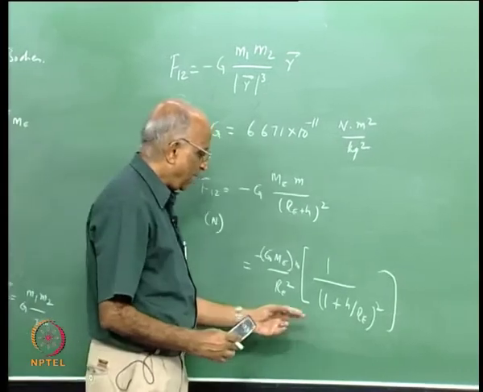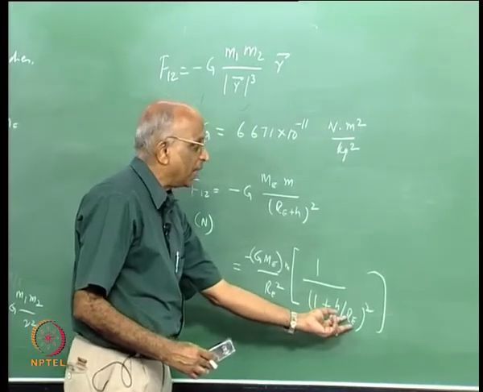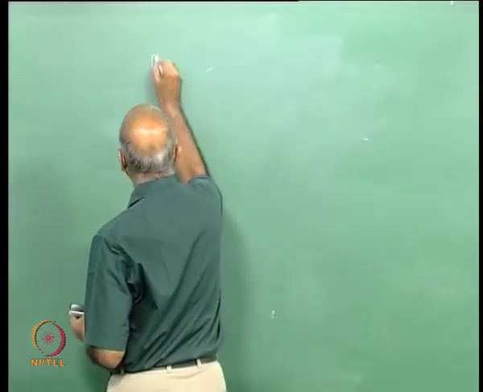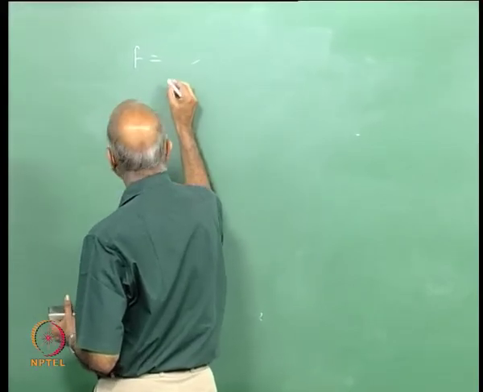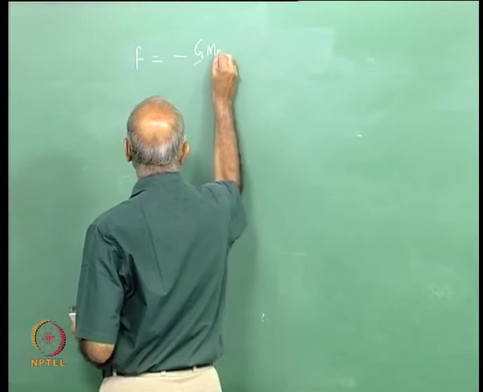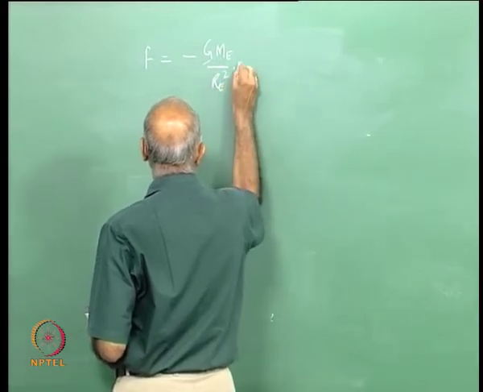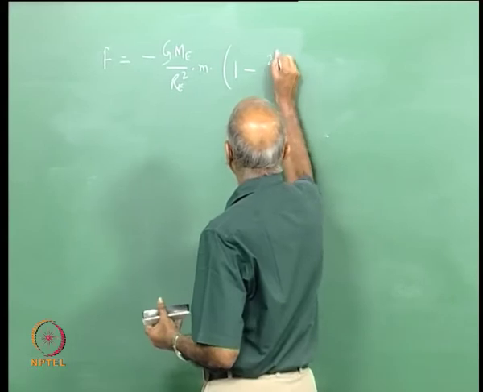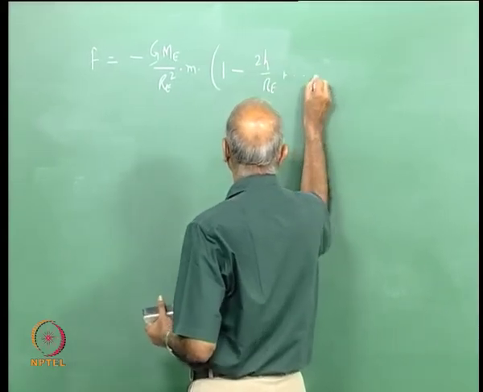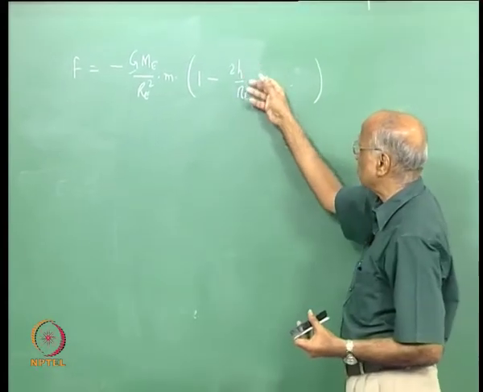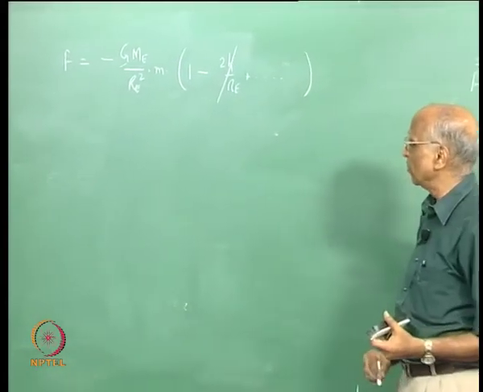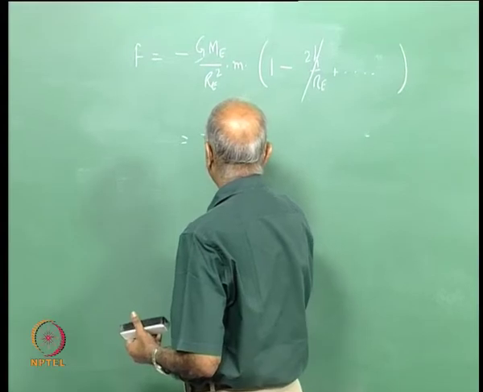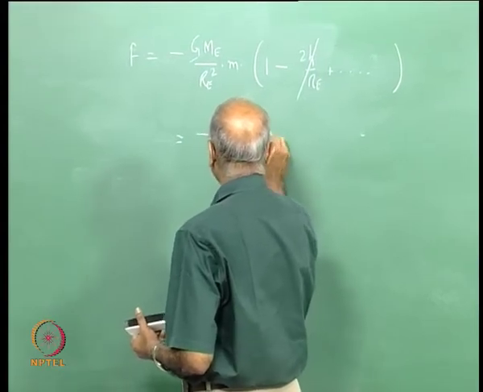I expand it out, and I know that the height above the earth is very much smaller than re, and therefore I can write the force as minus G me by re squared into the mass of the object into 1 minus 2h upon re. Higher-order terms and h are smaller, so I even drop it as a first approximation, and I get the force equal to minus G me by re square into the mass.